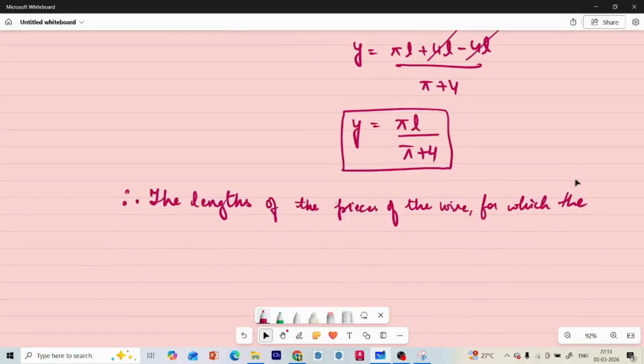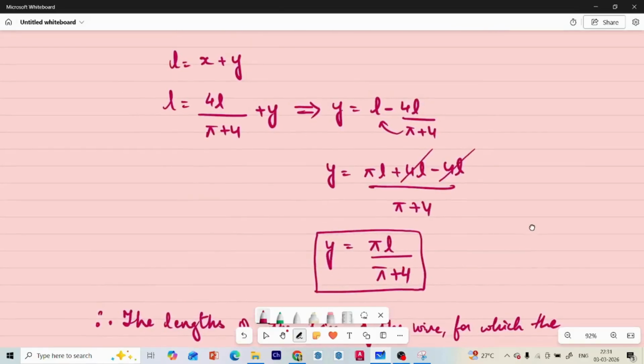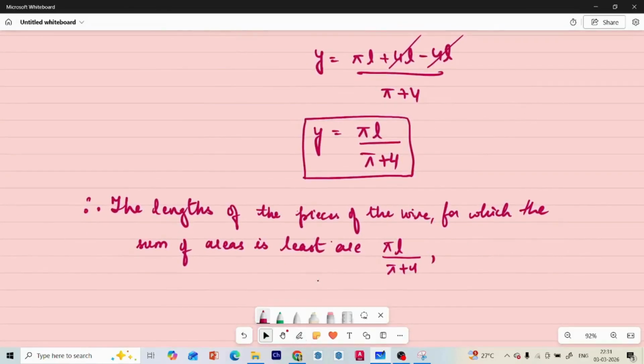Write the entire question again basically, for which the sum of areas is least are pi L by pi plus 4 and the x value is 4L by pi plus 4.